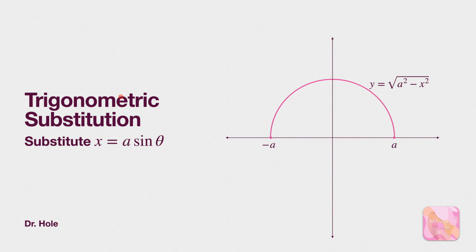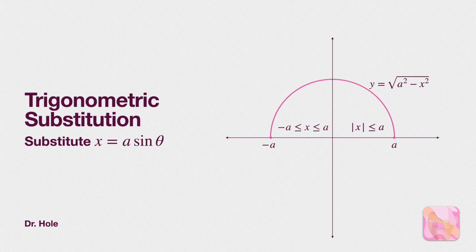All right, if we're going to let x be a times sine of theta, we could note that the expression y equals radical a squared minus x squared would result in a semicircle, that for this radicand to be defined, we would need the absolute value of x to be less than or equal to a.